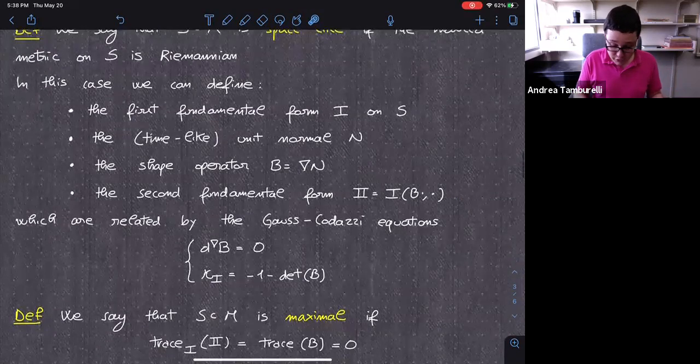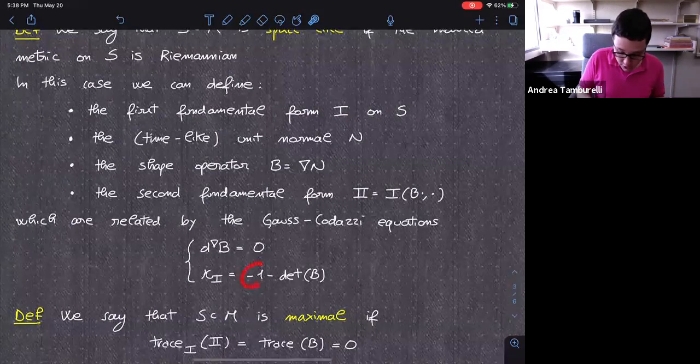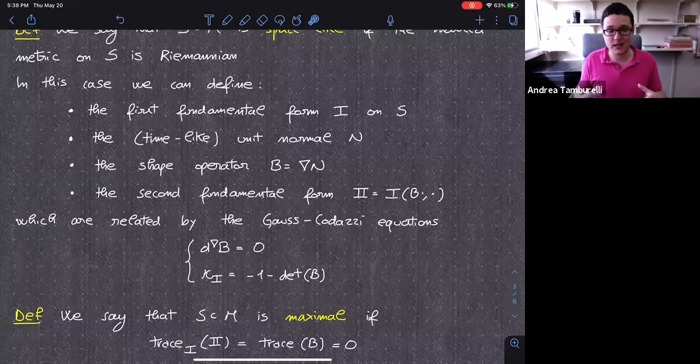And now these tensors are related by the Gauss-Codazzi equations. The Codazzi equation is exactly the same equation that we saw in hyperbolic geometry and is also true for surfaces in Euclidean space. Whereas the Gauss equation is a little bit different. This term -1 comes from the fact that the metric in the ambient space has constant curvature -1.